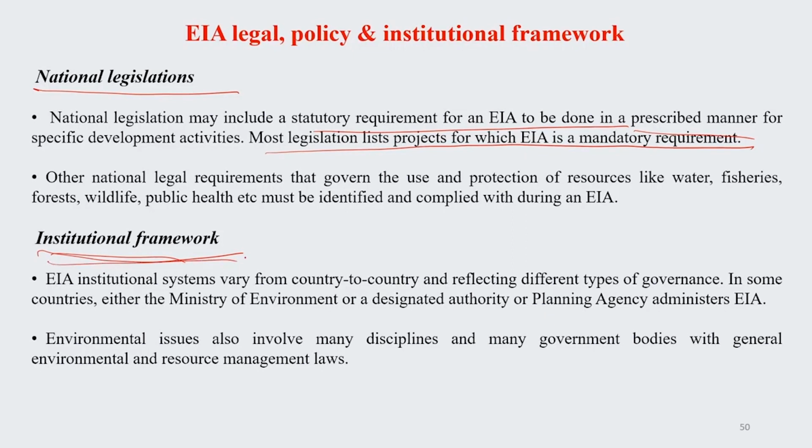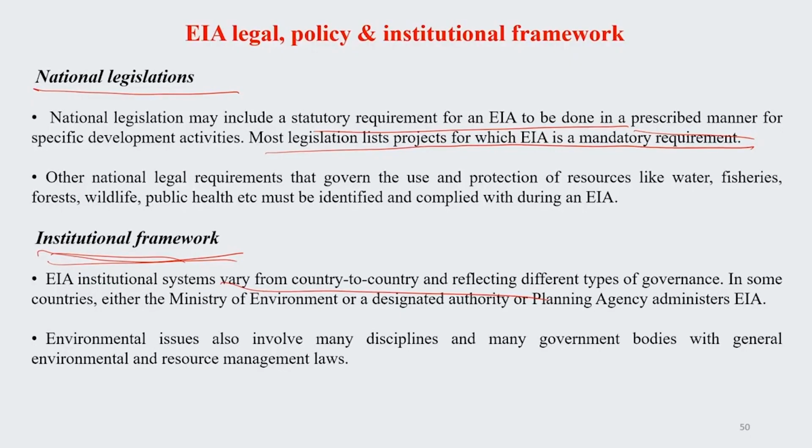Institutional framework: if you look at the EIA institutional system, it varies from country to country, because different countries have different types of governance. The way the Indian government system works may not be the same in another country, Bangladesh, Nepal or Bhutan. In some countries you will find either the Ministry of Environment or a designated authority or some planning agency administers EIA.